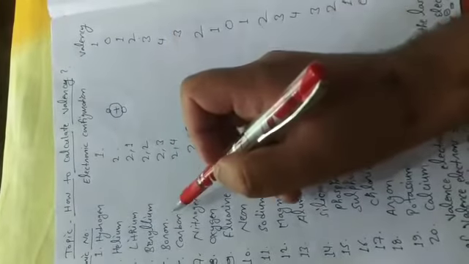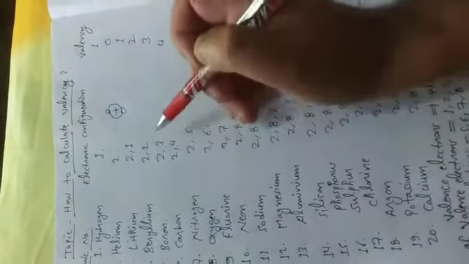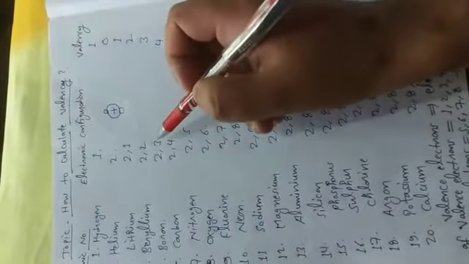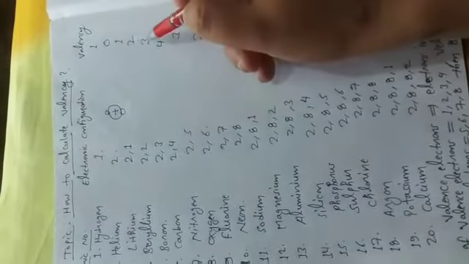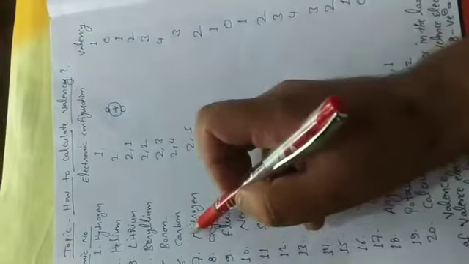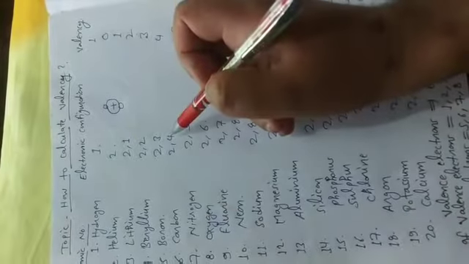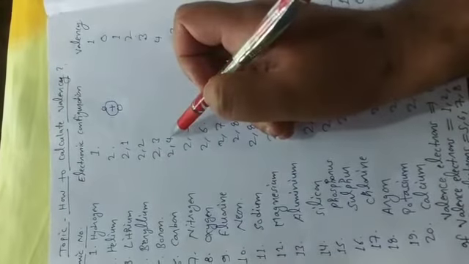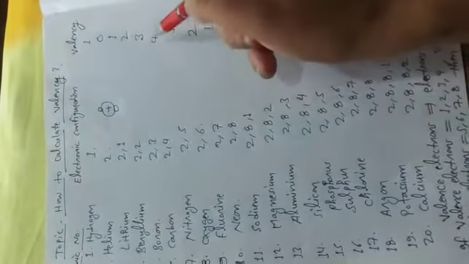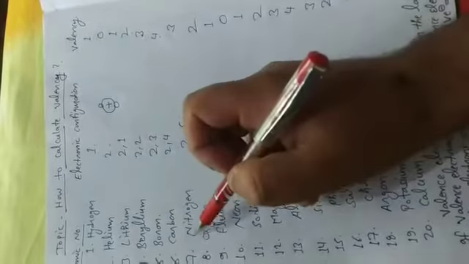Then boron, the outermost electron in boron is 3, so the valency is 3. Then carbon, the outermost electron in C6 is 4, so the valency is 4.